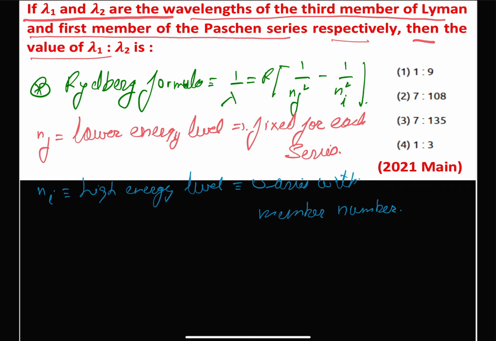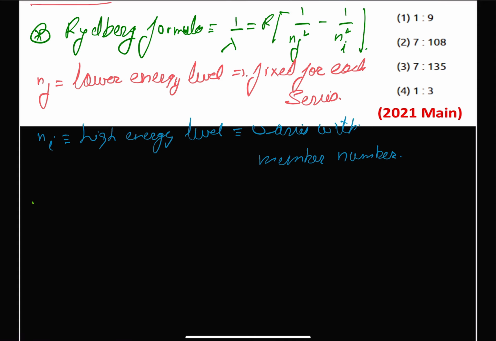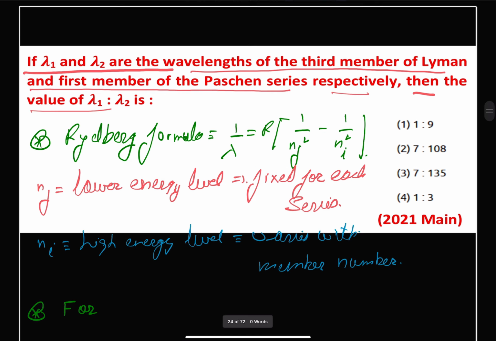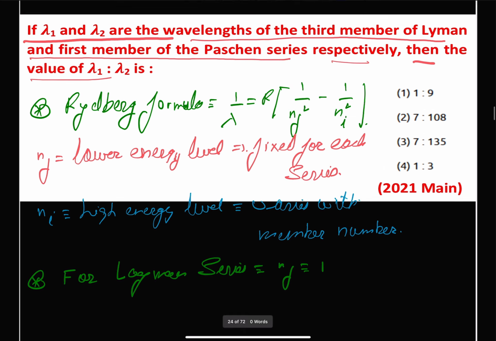So first is our Lyman series. So we can write that for Lyman series, our lower energy level, that is our NF, is fixed at 1, and the higher energy level for Lyman series, it says the third member.